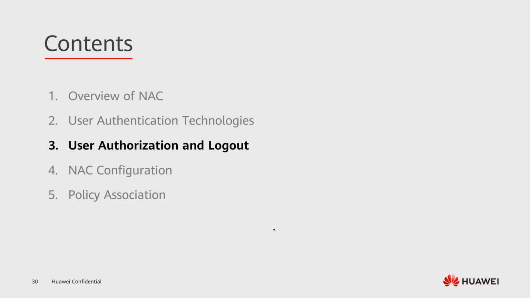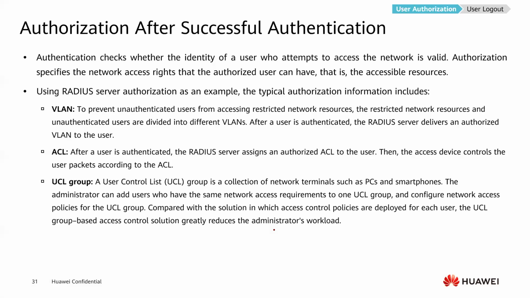And also for the users, if they want to log out of our network, the servers need to recognize it, because they need to do the accounting, right? You need to get the time of the network access. So the next part is the user's authorization and logout.